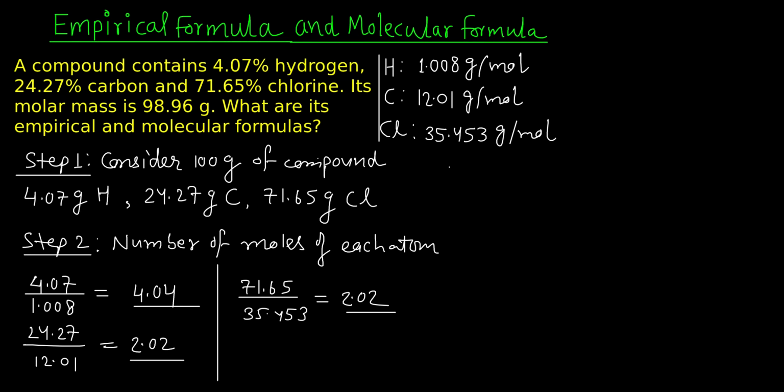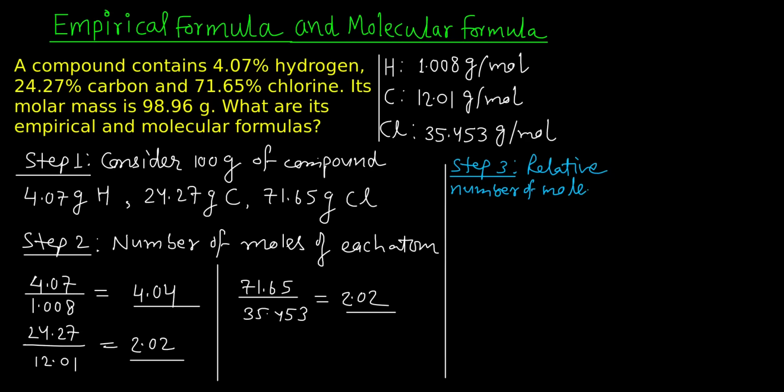So what will be the next step now? Now we will calculate the relative number of moles. That is step 3. How will you calculate the relative number of moles?